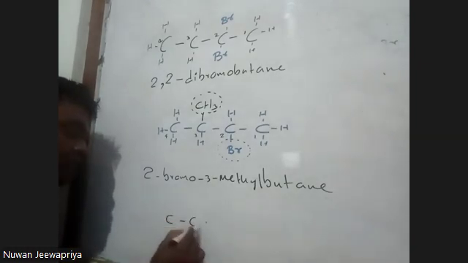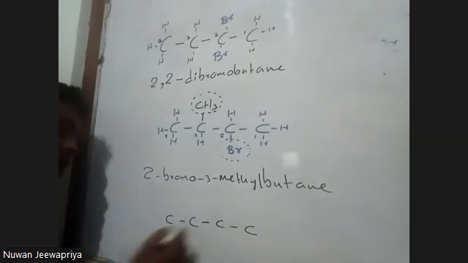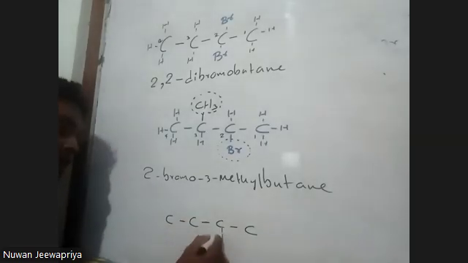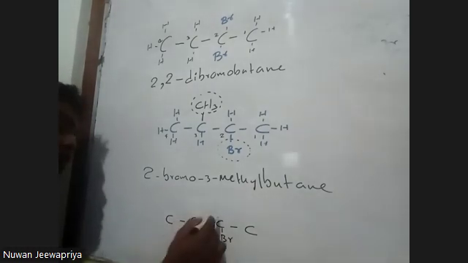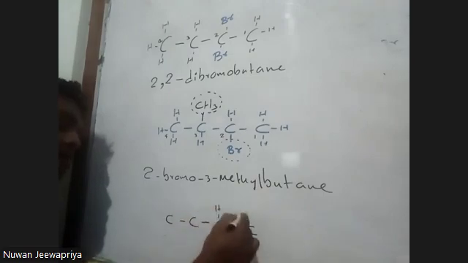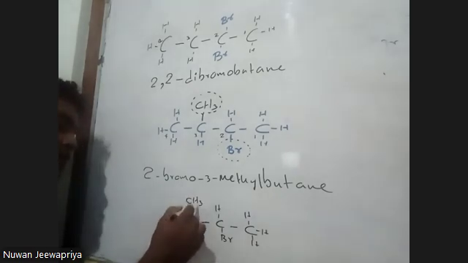1, 2, 3, 4. Right. And here you see, as I showed earlier, bromine, and hydrogen, hydrogen, hydrogen, hydrogen. And here CH3.